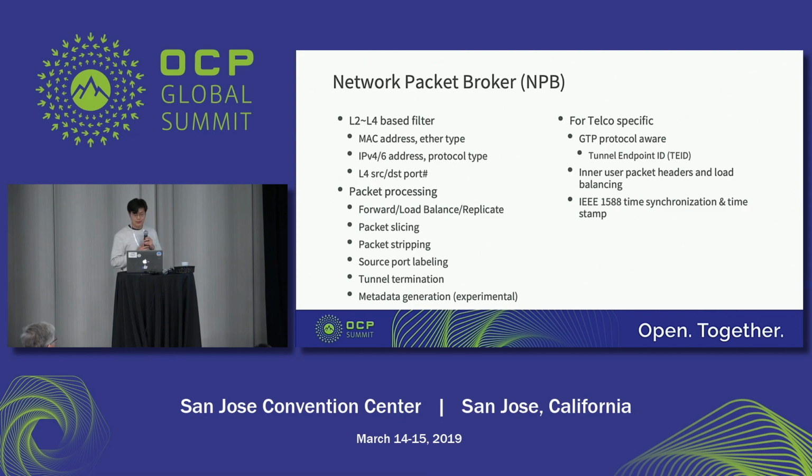The left-hand side list shows some basic features of the network packet broker, and currently we support L2 to L4 based filters, for example, MAC address, IP version 4 and 6 addresses, protocol type and L4 source and destination port numbers. The network packet broker also performs actions on each packet, such as forward, load balancing and replicate.